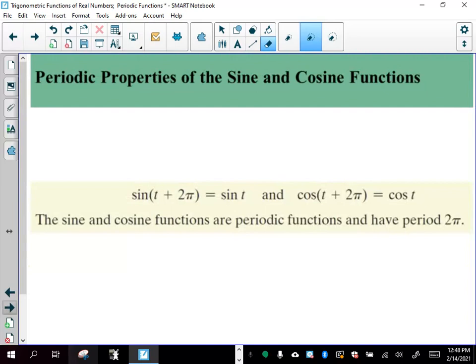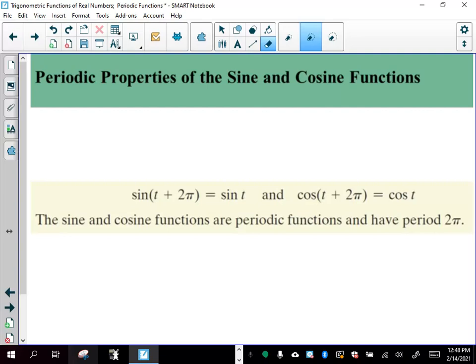This is what you look at, and this is how you figure it out. If I take my sine and I take the first revolution and add another full revolution, I get that same value back. So sine of some random value plus 2 pi will generate the same thing as sine of t, which makes sense, because I have this circle.